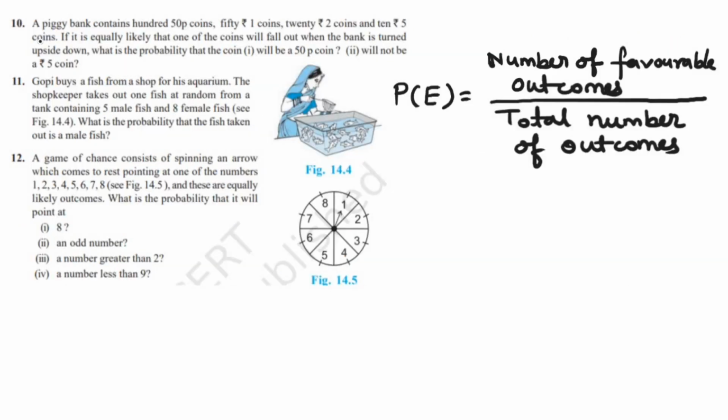The question number 10, it states a piggy bank contains 100 50 paisa coins, 50 rupees 1 coins, 20 rupees 2 coins and 10 rupees 5 coins.